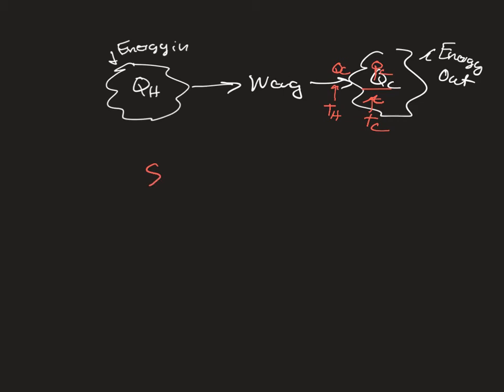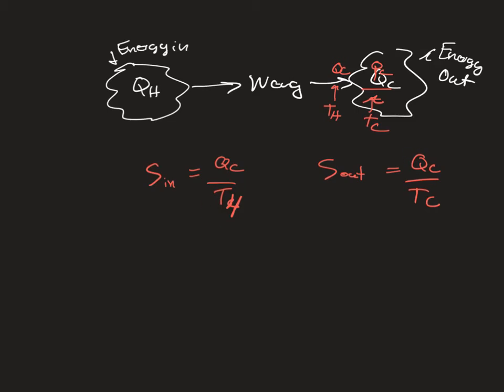So when we look at entropy inside of the engine, and entropy outside of the engine, which entropy is bigger? Now, which entropy is bigger is a little bit counterintuitive because the QCs are the same in both instances.